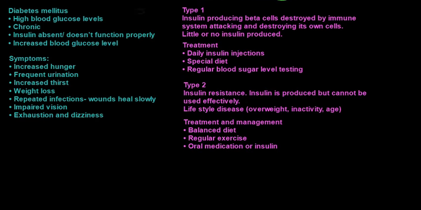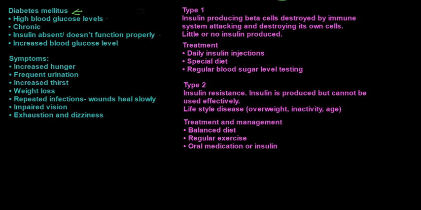So what happens when this system does not work properly? Then you get diabetes. So diabetes is a chronic disease, generally characterized by high blood glucose levels, and this is because insulin is either absent or it doesn't function properly, and then there's an increase in your blood glucose level.